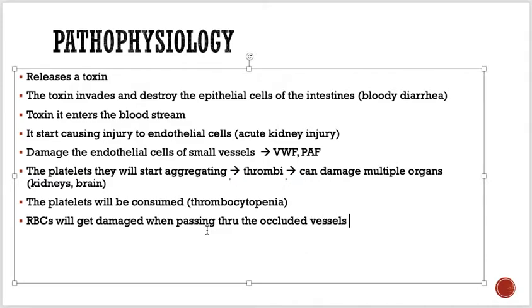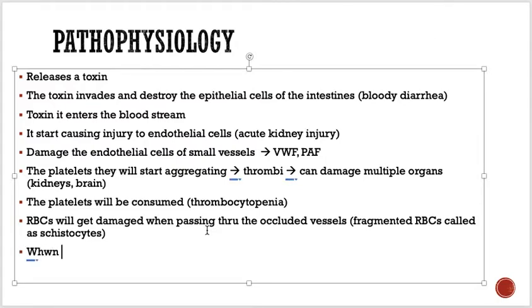Okay, so what will happen when we see their blood film? They will have fragmented RBCs. Basically these fragmented RBCs are called schizocytes. Okay, so these are called as what? Schizocytes.